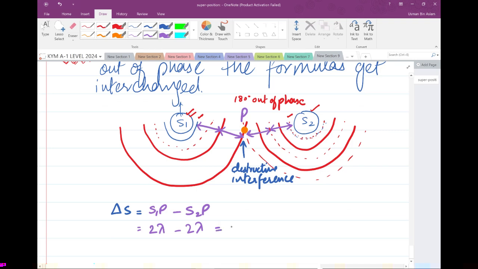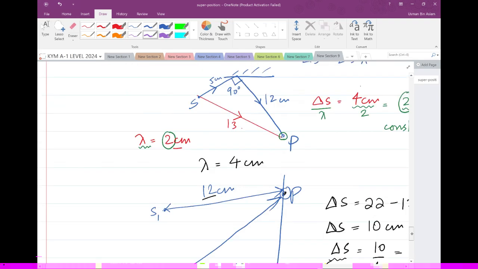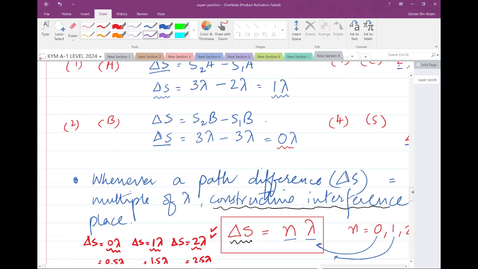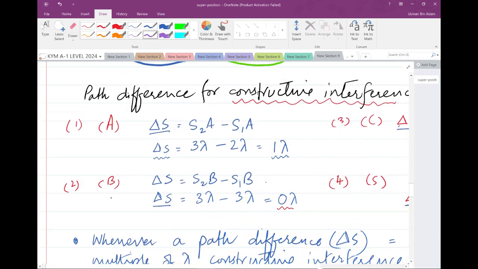So in this case, the path difference comes out to be 0 lambda. If you remember in the previous case that we discussed, if the path difference was 0 lambda, it used to be constructive interference. You can see here, at point B, the path difference was 0 lambda, and it was constructive interference.